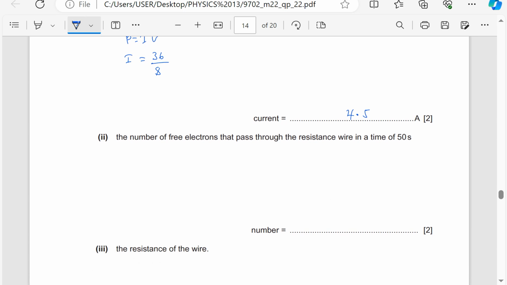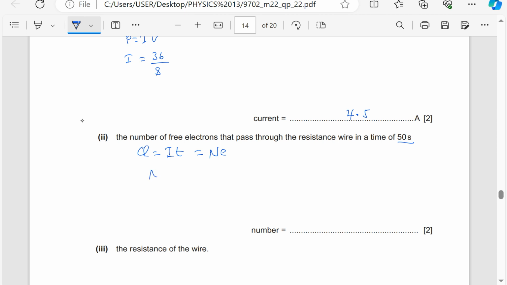Calculate the number of free electrons that pass through the resistance wire in a time of 50 seconds. So charge is equal to current times time. Remember, charge is number of electrons in a conductor times the charge of each charge carrier.